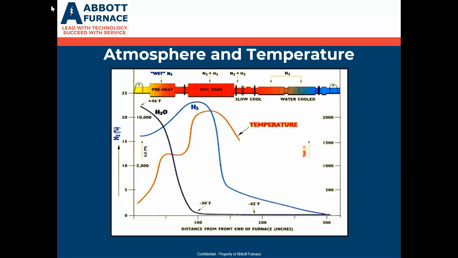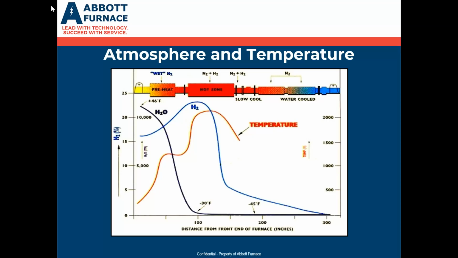We want to keep everything nice and clean so we get good bonding. So here's where the hydrogen is important, because we have to clean those particles, remove that oxide layer off of the particles so they can bond and not have that oxidation layer preventing the bonding.